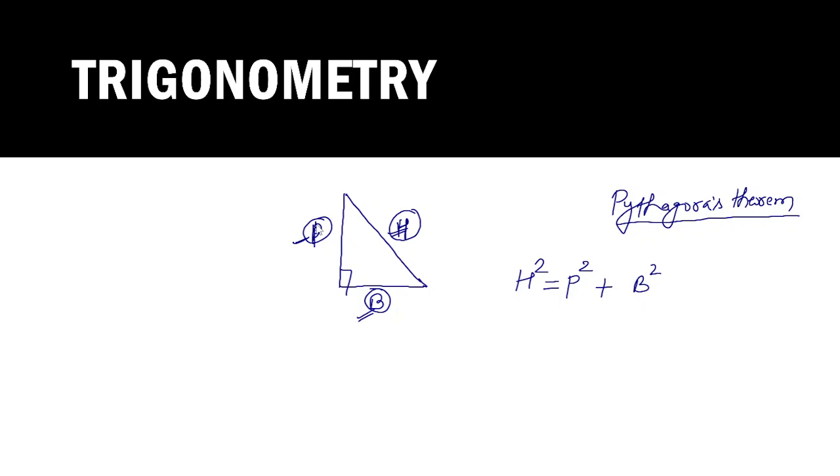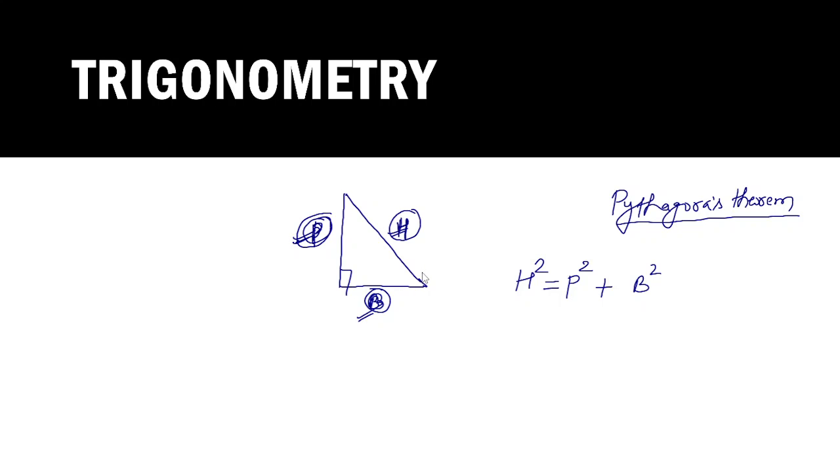When you know perpendicular and base, we are able to calculate hypotenuse, and when we know the hypotenuse and base, then we are able to calculate perpendicular, right? So the use of Pythagoras theorem is we are able to calculate the third side if we know the two sides, right?